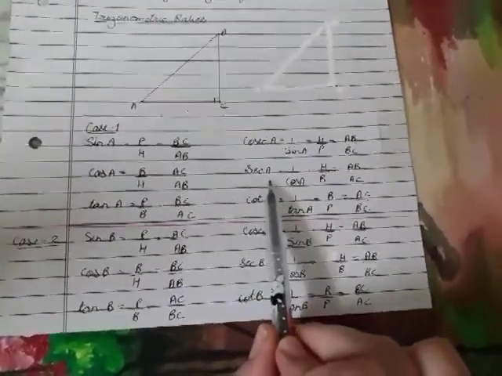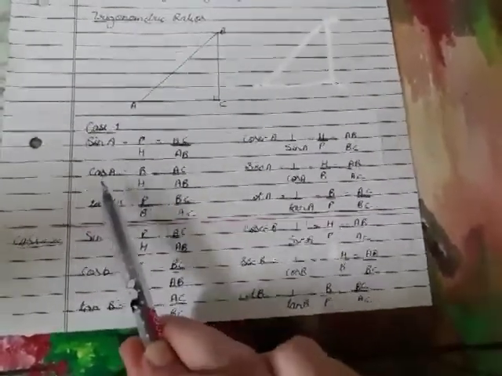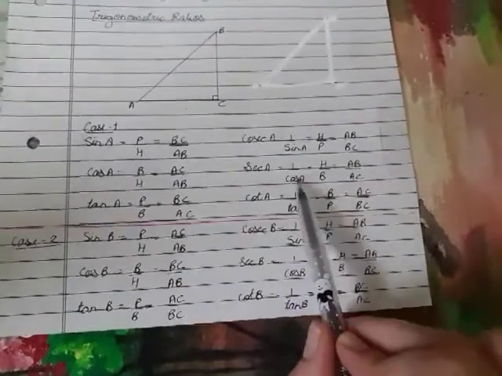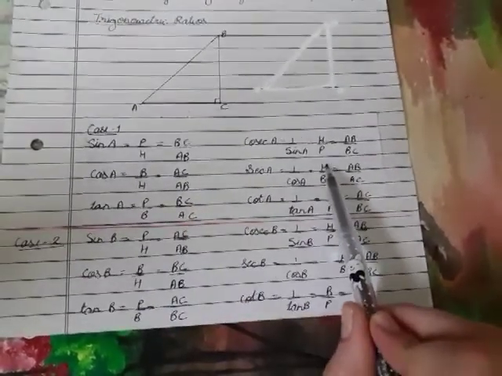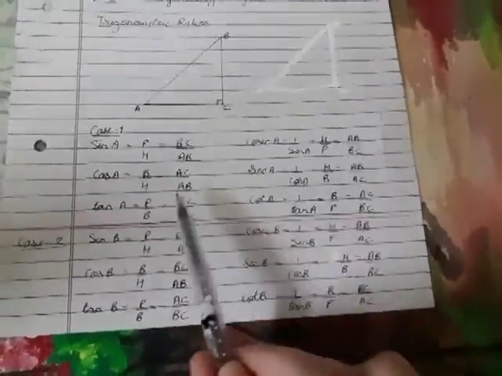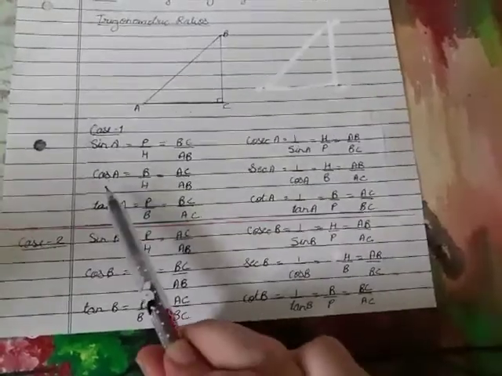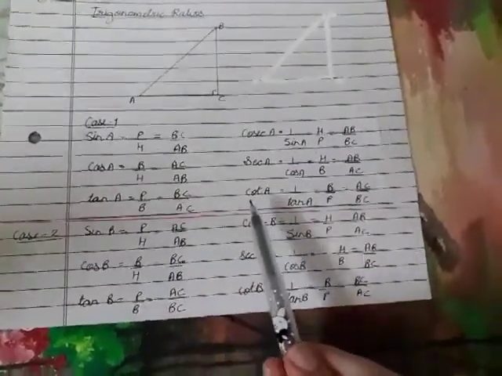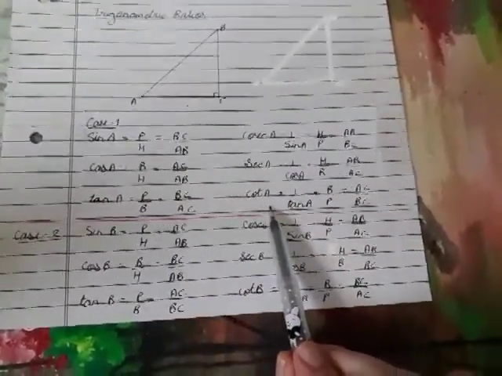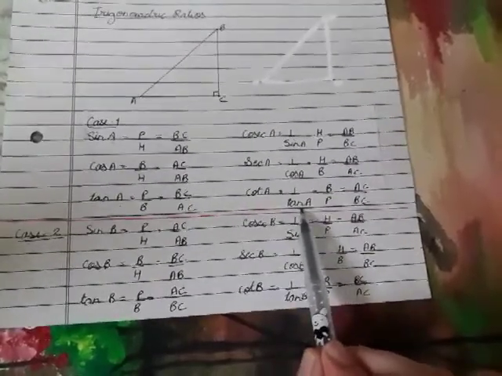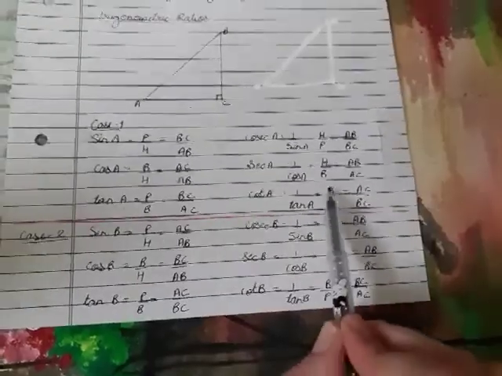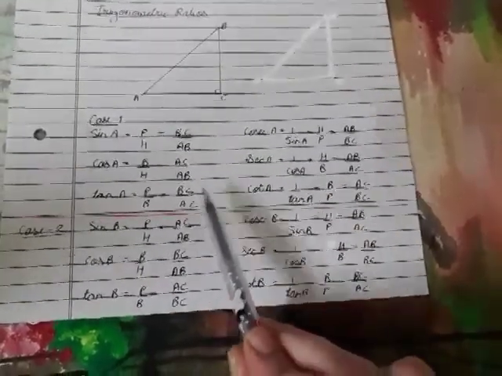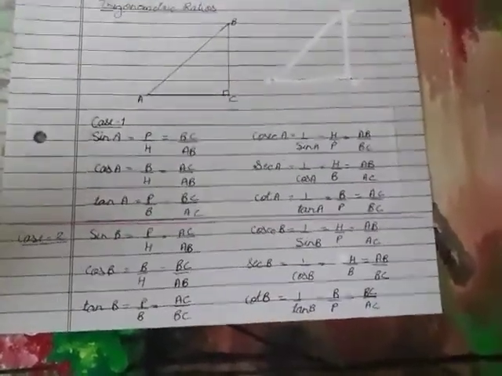Next, sec A is the reciprocal of cos A. If cos A is B upon H, then sec A becomes H upon B, and similarly AB upon AC. The last one is cot A, the reciprocal of tan, that is base upon perpendicular, which is equal to AC upon BC.